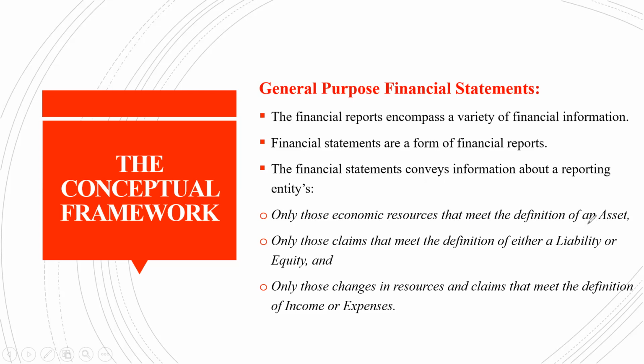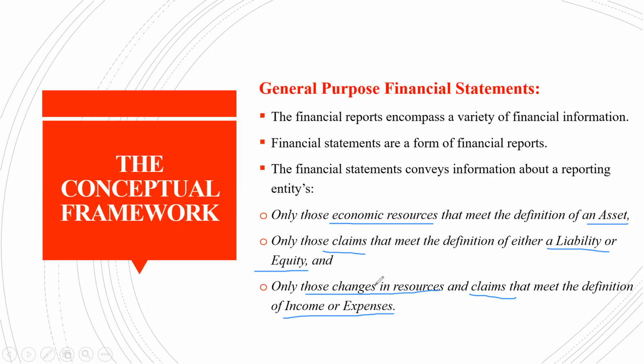All right, let's see. So it conveys information about those economic resources which meet the definition of an asset. All right, and it also conveys information about claims that meet the definition of a liability or an equity. And lastly, it also conveys information about those changes in resources or changes in claims which meet the definition of an income or expense.